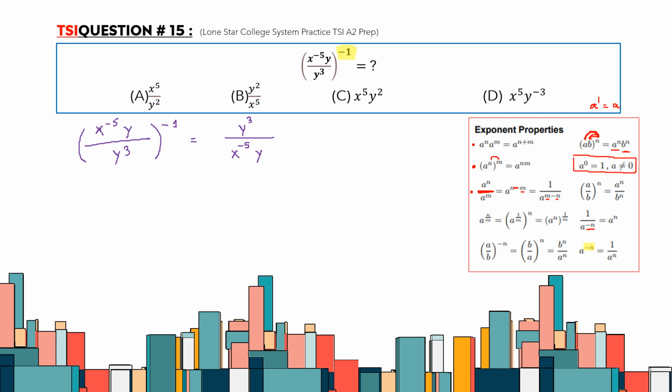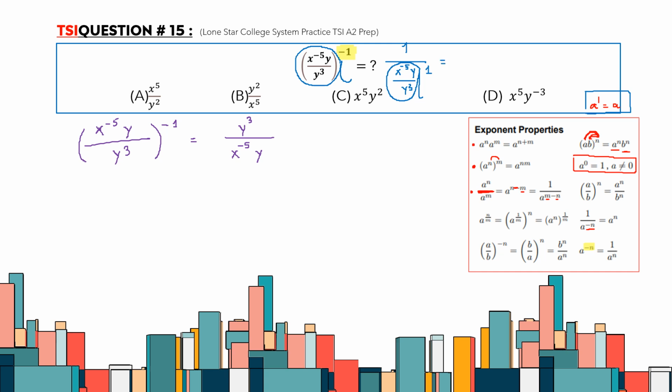Some people may ask why we have that, so let me explain more. Here is our a, the big A to the power of negative 1. So I rewrite it as 1 over a. Here a is x to the power of negative 5 y over y cubed. That's our a, to the power of n, and n is 1 in this case. Like I said, a to the power of 1 is a.